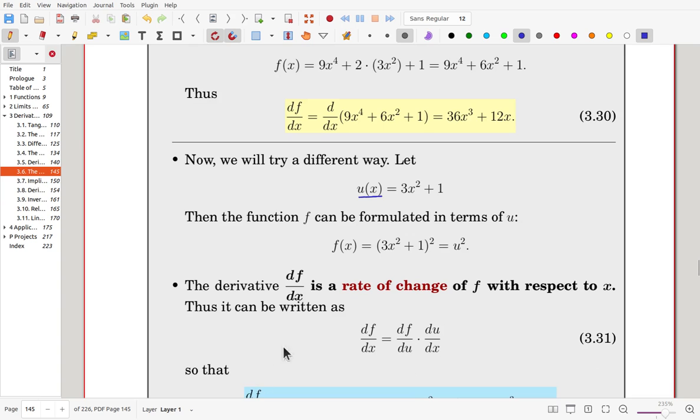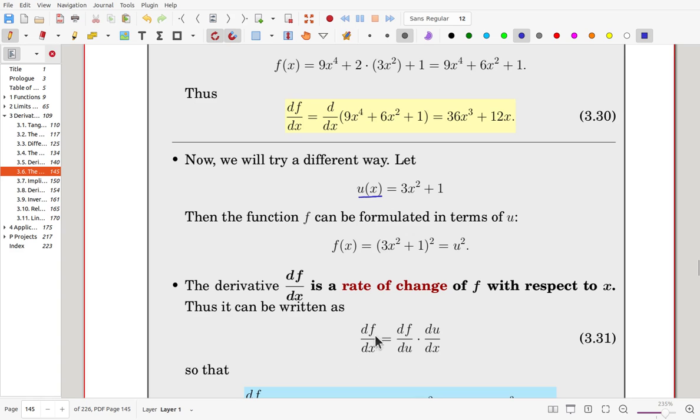Now we look at the derivative. Derivative is a rate of change of f with respect to x. That quantity is the limit of this average rate of change: change in f divided by change in x, and then we take the limit as change in x approaches 0.